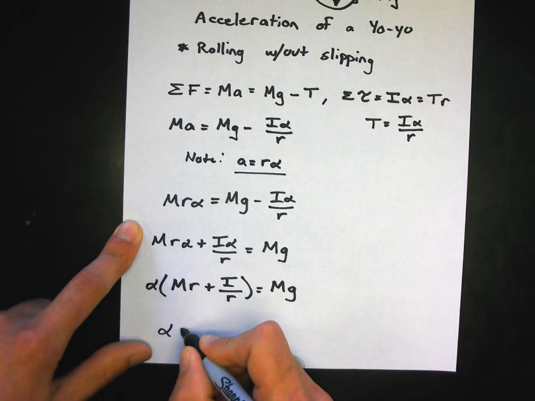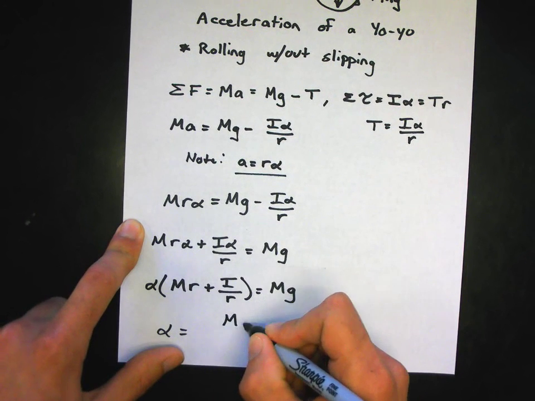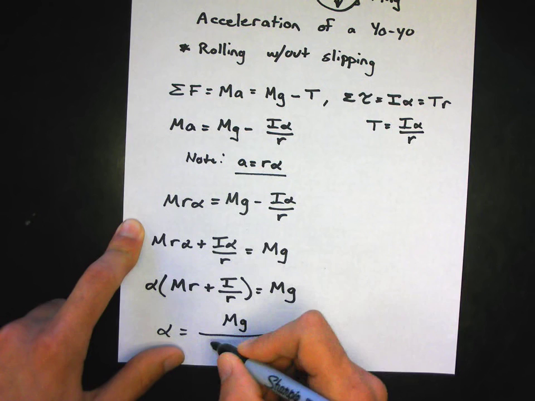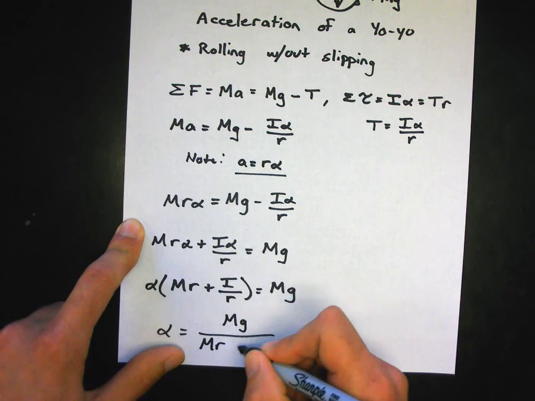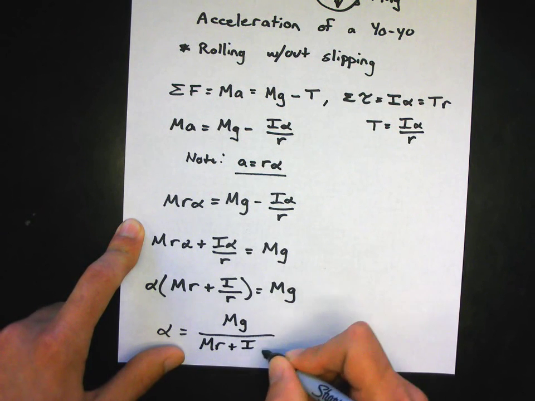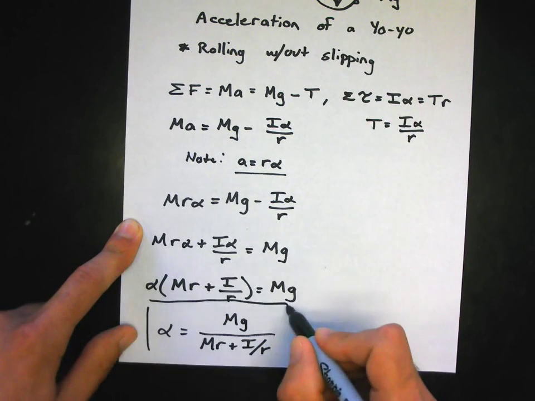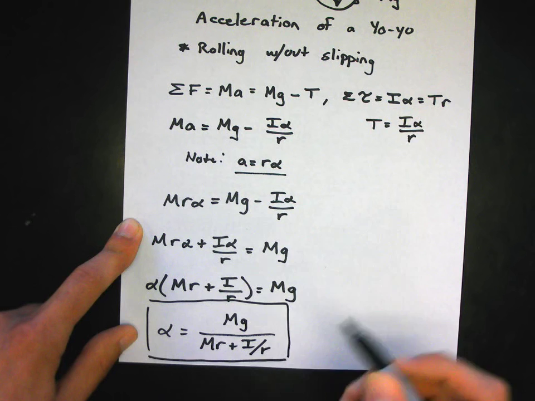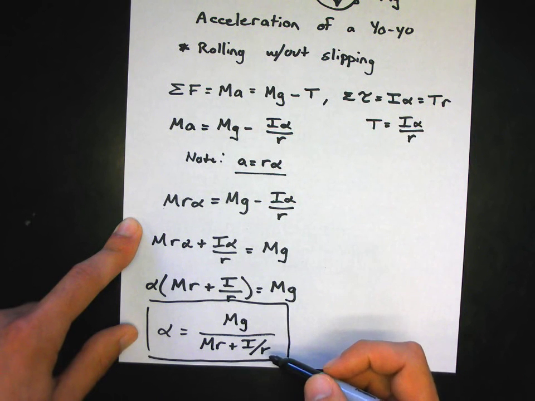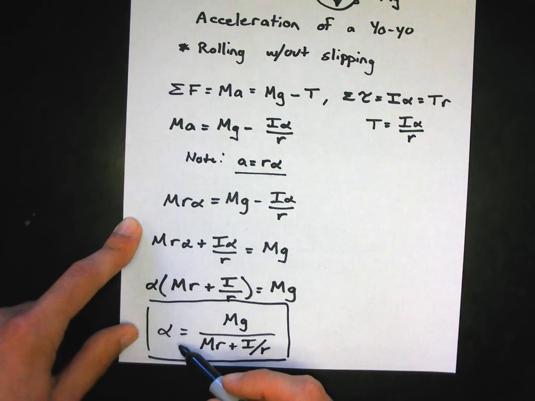So we can end up with alpha equals mg over (mr plus I over r). And here is our equation for angular acceleration.